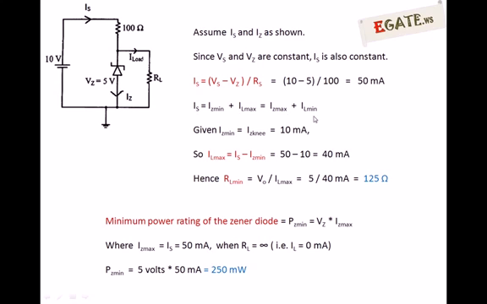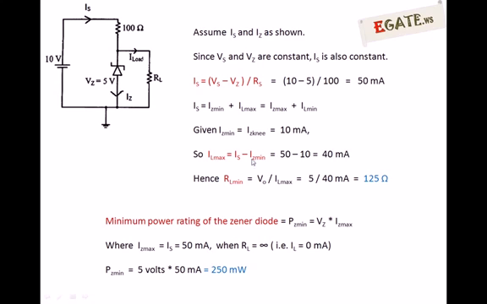But in the question, the ideal Zener knee current is given as 10 milliamperes. The knee current of the Zener diode is also treated as Iz minimum, the minimum Zener current required for proper operation of the voltage regulator. From this we can calculate IL maximum.